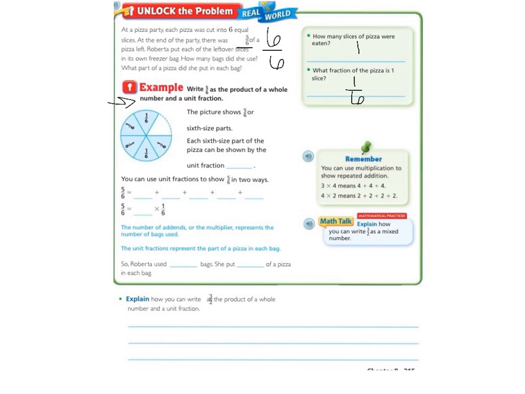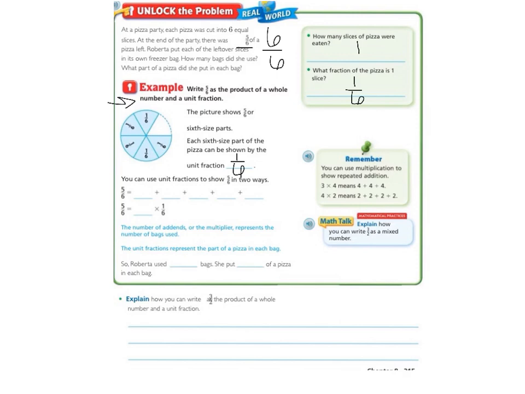So we want to see here an example. We want 5/6 as a product of a whole number and a unit fraction. A unit fraction is where our numerator is 1. It's showing 1 piece of our fraction. So this shows 5/6 or 5 pieces of 6. And each piece can be written as the unit fraction, 1 piece out of 6.